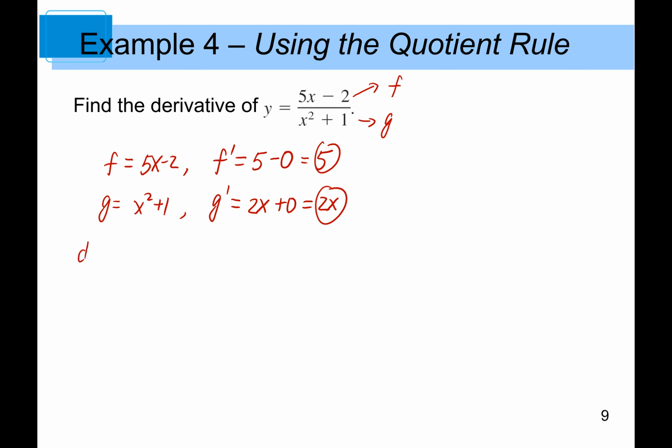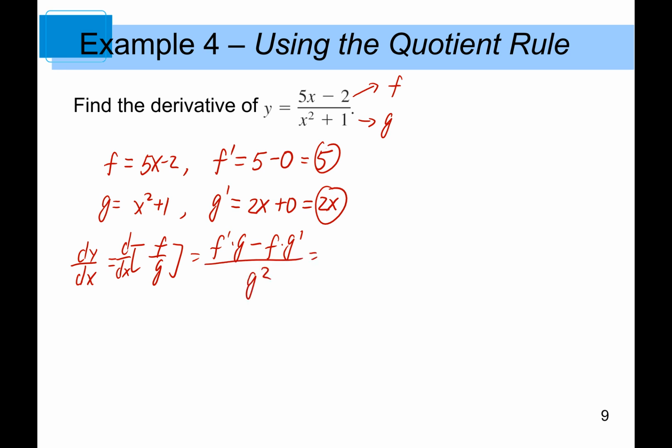So the derivative dy over dx equals d over dx of f over g, right? It's a quotient, so we have f prime times g minus f times g prime, divided by g squared.